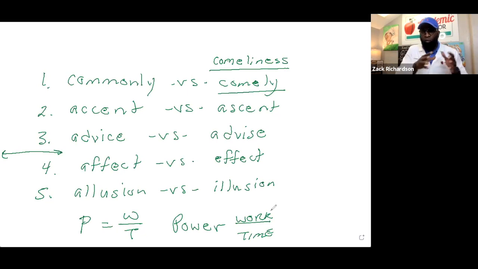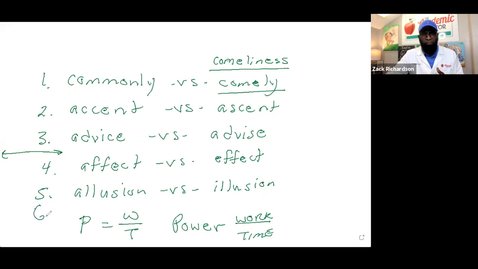Okay, so that's the one accent, A-C-C-E-N-T. The other word is ascent. Ascent is a climb or a rise. Anytime you see the beginning ascent, it's going to say something is going upward. And of course, the one that goes down is descent. Are we saying you are a decent person, or decent? That's going to be word number 6. I'm going to just put it down since we talked about it.